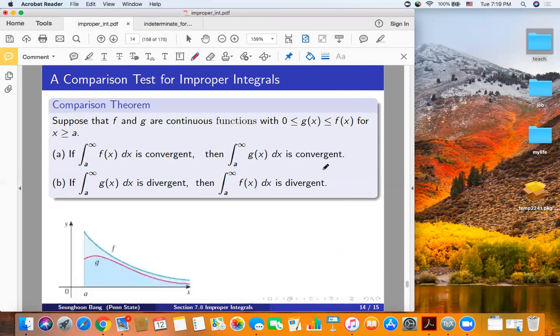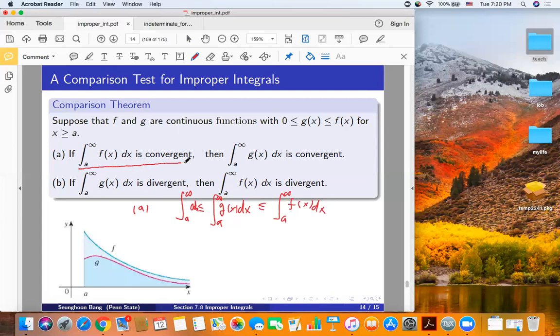So why is this true? In case 1, part A, we have this inequality. You can take the integral from a to infinity dx on each part. What was the condition for a?